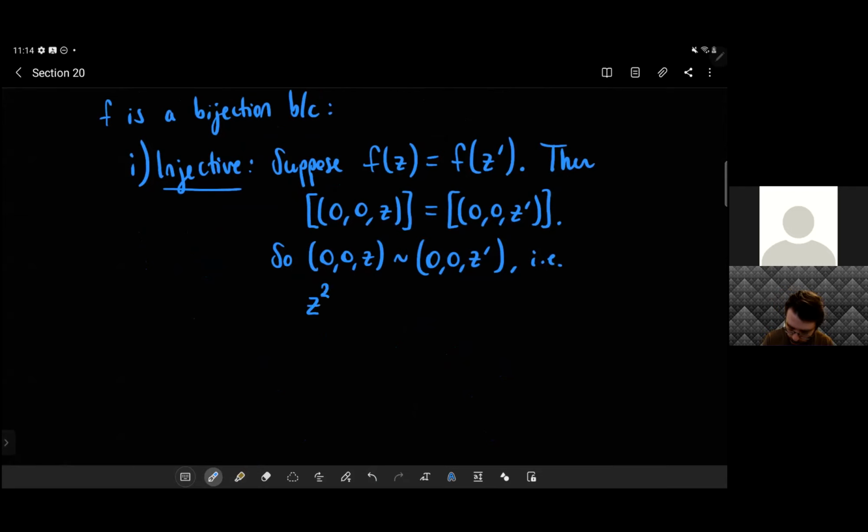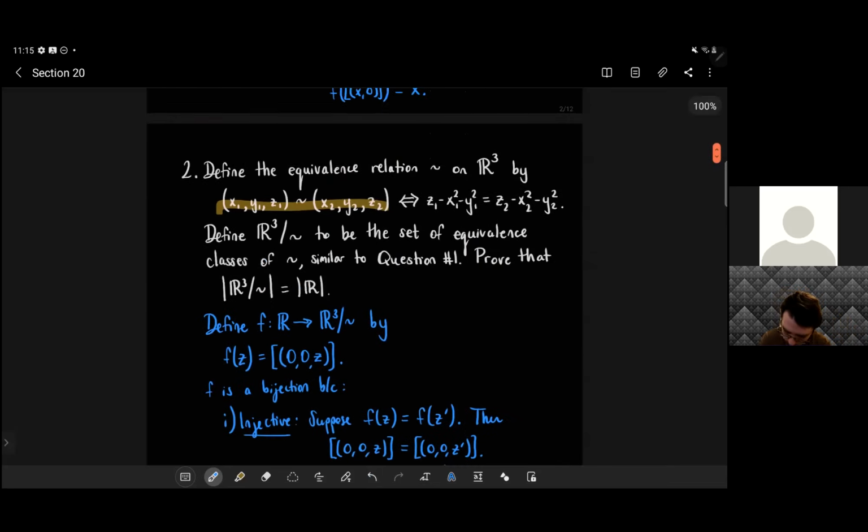z minus x squared minus y squared, and this is one of the reasons it's nice I picked zeros, equals z prime minus x prime squared minus y prime squared, but those are both 0 as well. Sorry, the z's were not supposed to be squared, I just remembered. Pardon that typo.